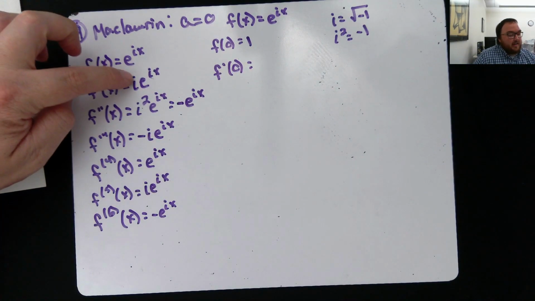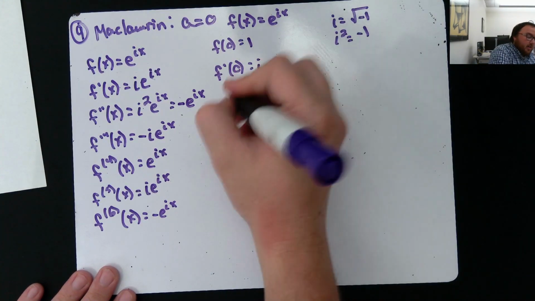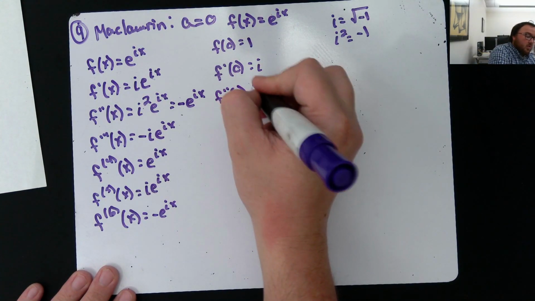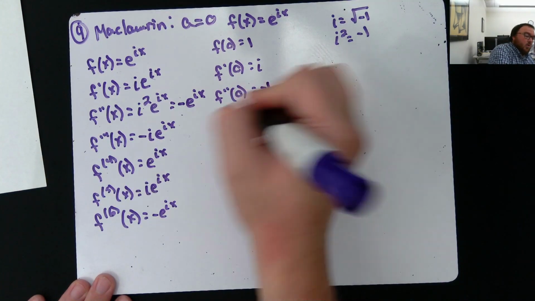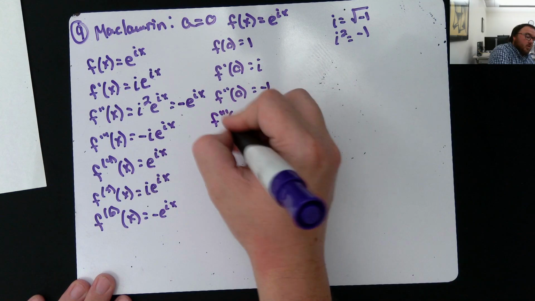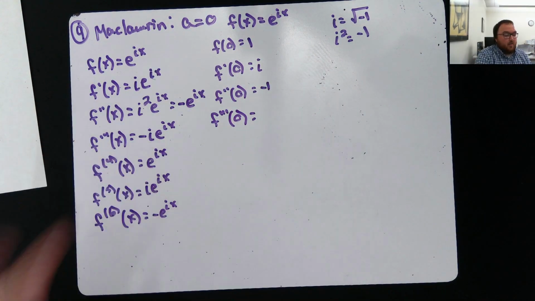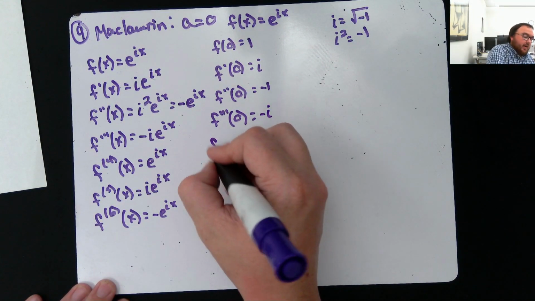Same thing here, I would get i times 1, which is this i. e to the 0 is equal to 1, so that's going to be negative 1. This would give me negative i, and then it would cycle back over.